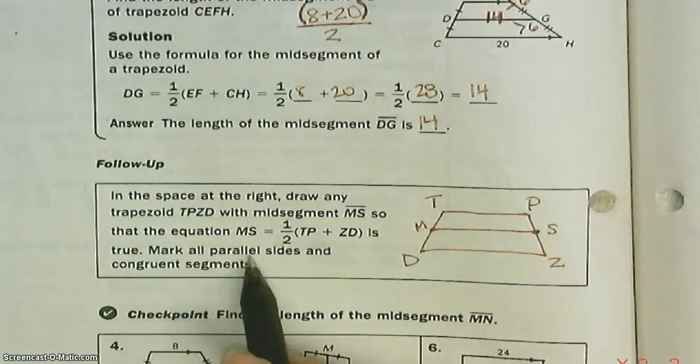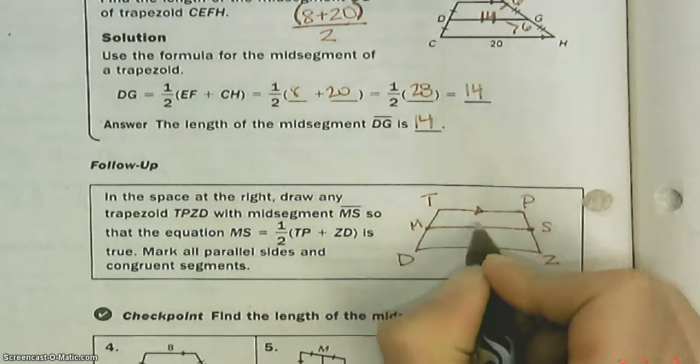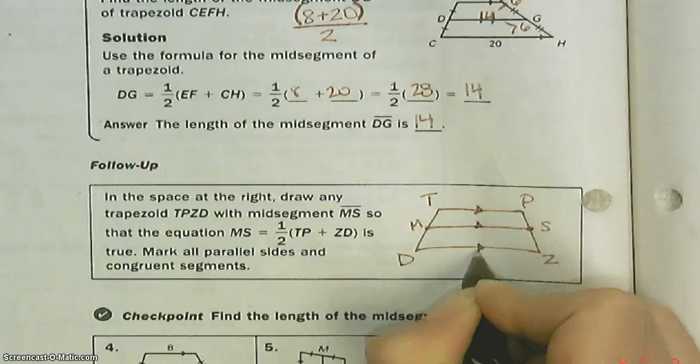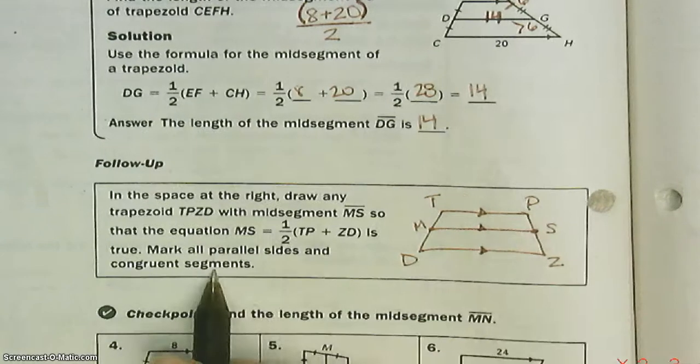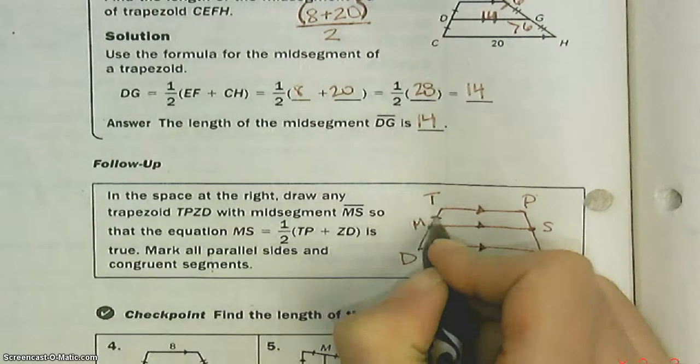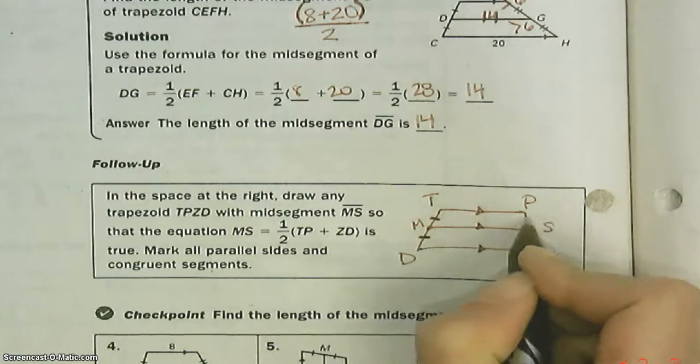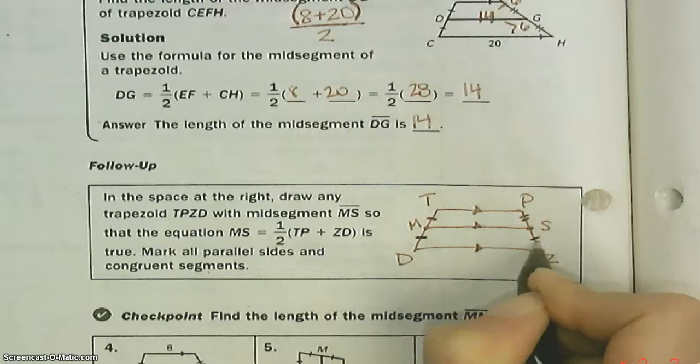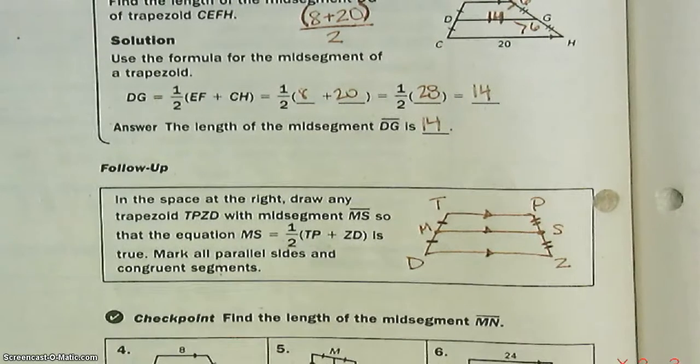Mark all parallel sides. All three of these are parallel. And mark all congruent segments. Well, M cut this in half, and S cut this in half. So there we go.